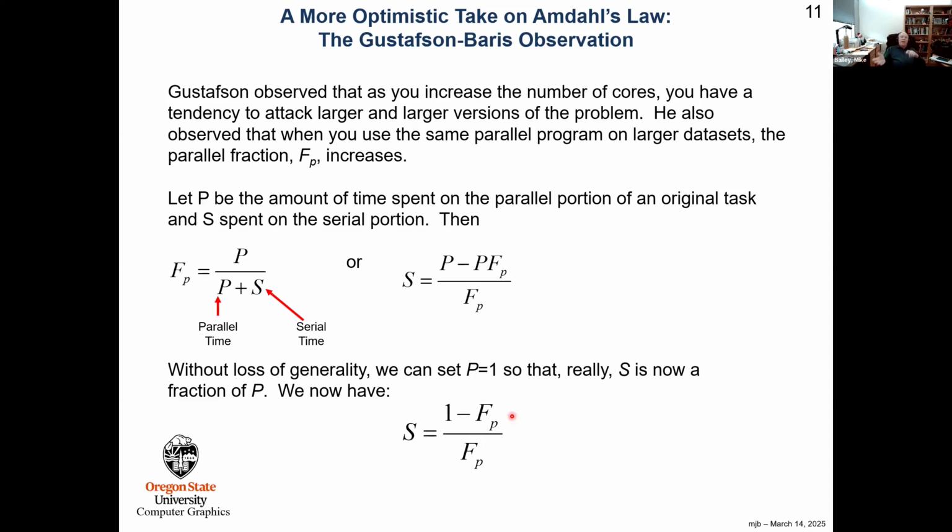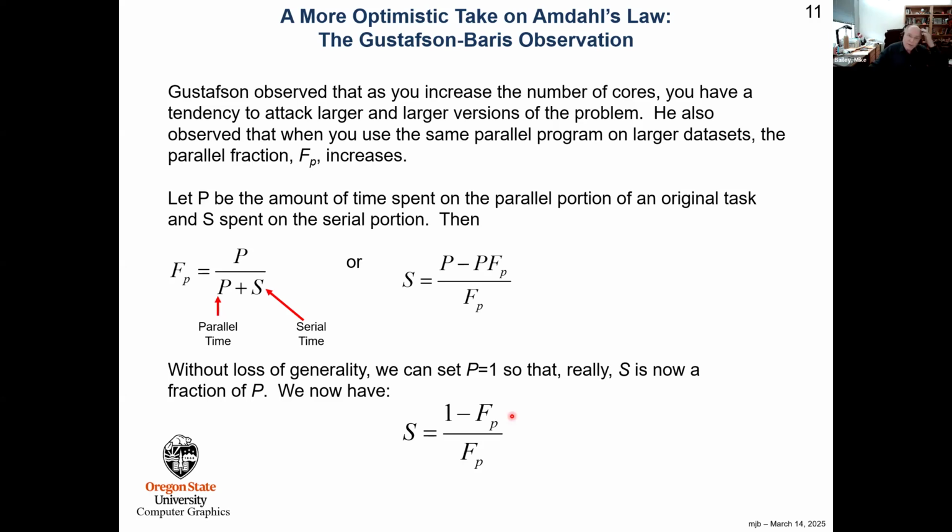Okay, now that plays perfectly into Amdahl's law, because if you've got, say, double the data, that's going to increase your parallel fraction. We're assuming that the sequential part is still going to be roughly the same, but the parallel fraction will increase because the bigger data set is the part that can be parallelized.